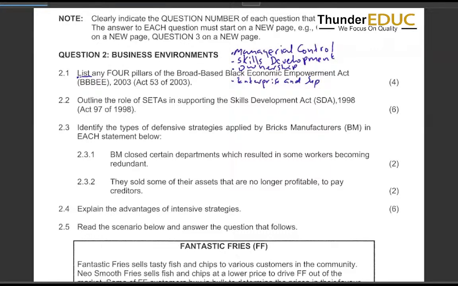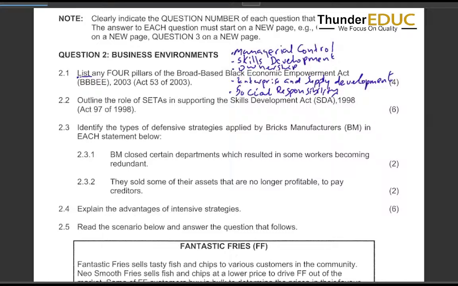And then we also have socio-economic development or social responsibility. Okay, right.